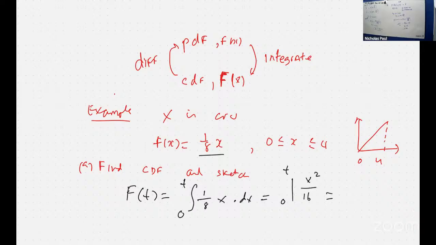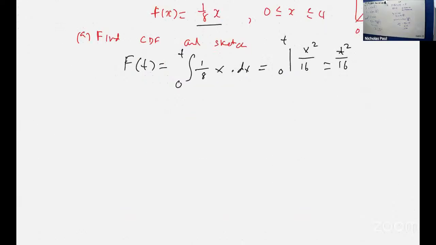So now technically I have an equation that I can use to define the cumulative distribution function. You're not going to write t squared, that was just to tell you what the equation is. So the equation is x squared on 16 for all the values between 0 and 4. But that's not good enough.